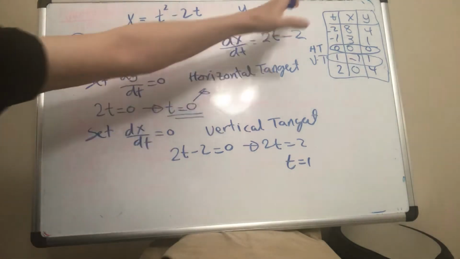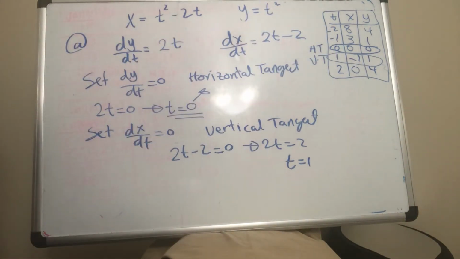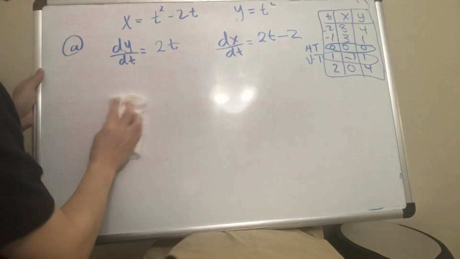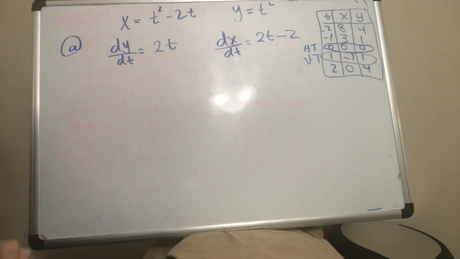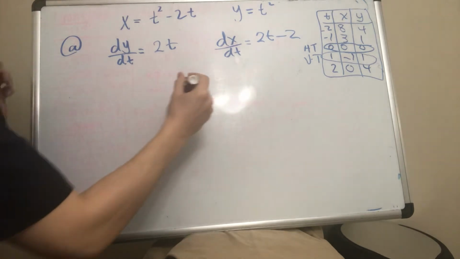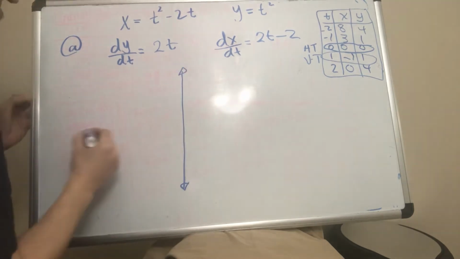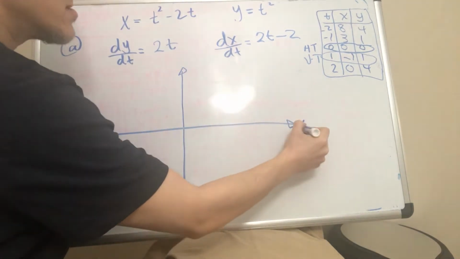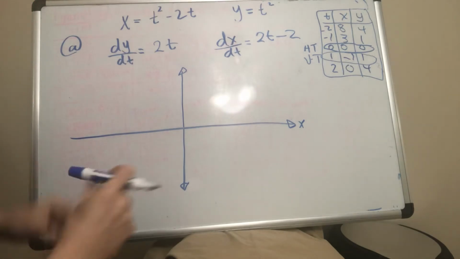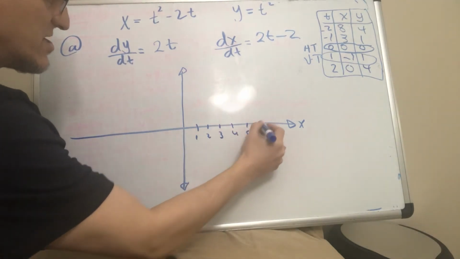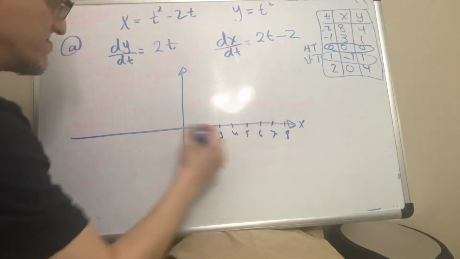So I'm going to use the information in the table here to help me sketch. So I'm going to erase this. This is my y, this is my x. X, I need, say, 1, 2, 3, 4, 5, 6, 7, 8.